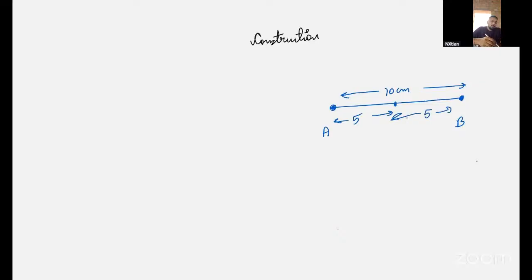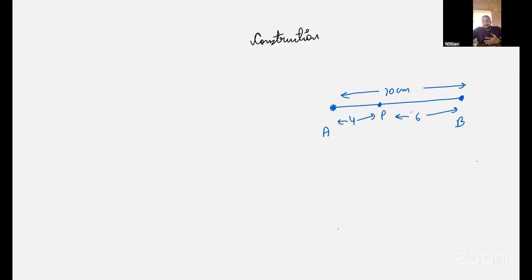If I ask you to cut this line segment in 4 is to 7, that is not possible. Either 4 is to 6 can be possible, because the line segment is 10 centimeter. You have to make a point, like P point, such that this is 4 centimeter and this is 6 centimeter. 4 plus 6 is 10.